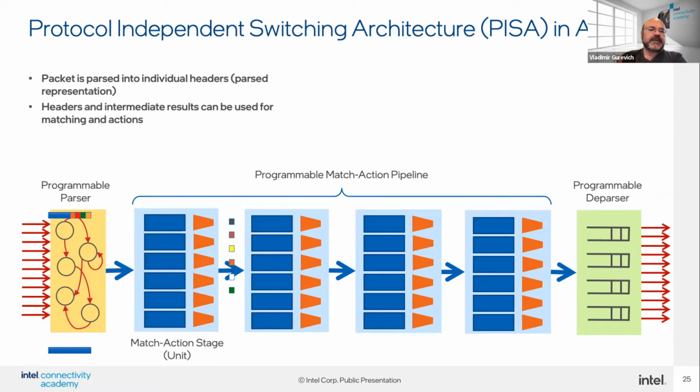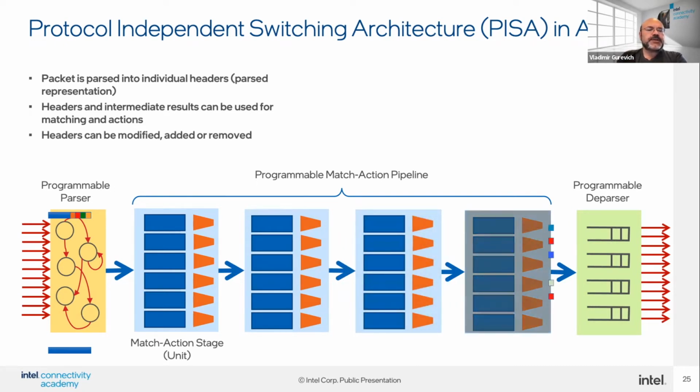For example, we can set the egress port, or we can decrement a TTL. We can do a lot of things. And we can continue doing that, adding headers, removing headers, changing headers or their fields, that is, producing intermediate results for as long as however many stages we have in that pipeline.